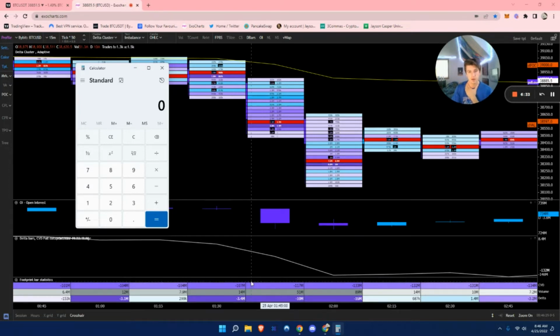Again, this will round, so it won't be totally accurate. Then we're going to add or subtract, in this case, another 10 million. So the CVD from the last candle is added to the ongoing candle.